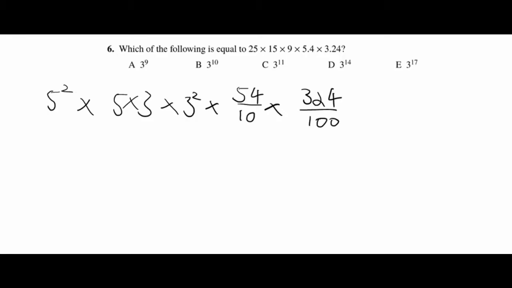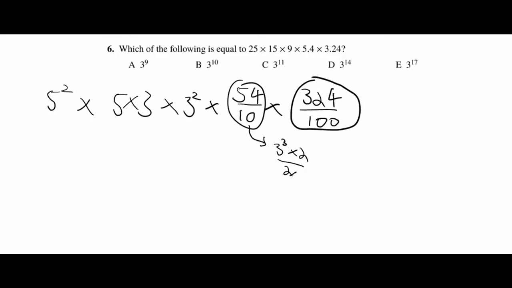And so if we rewrite these fractions in terms of their prime factorizations, well, we get that 54 divided by 10, well, 54 is equal to 27 times 2, which is 3 cubed times 2, and 10 is equal to 2 times 5. So this fraction is the same as 3 cubed times 2 divided by 2 times 5.